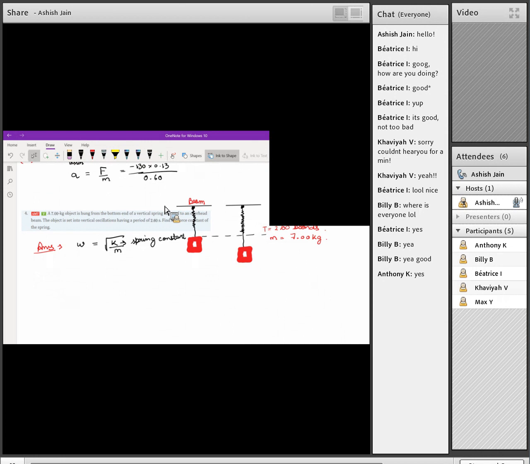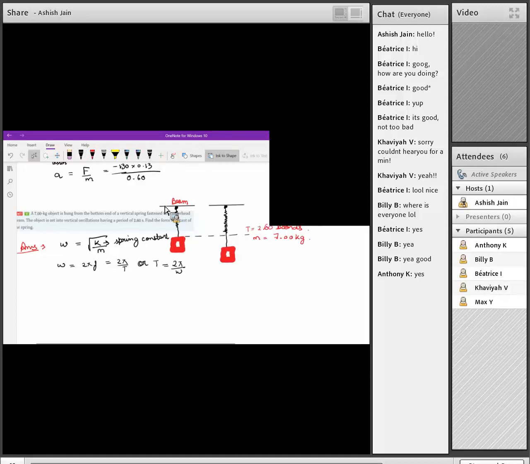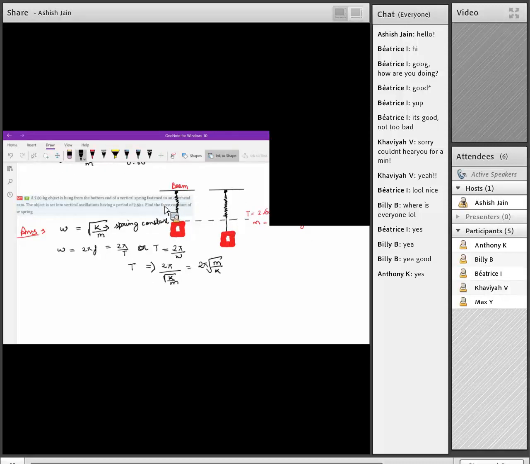And omega is given as 2 pi F or 2 pi by T, or T is given as 2 pi by omega, or 2 pi root K by M, or T is 2 pi root M by K.